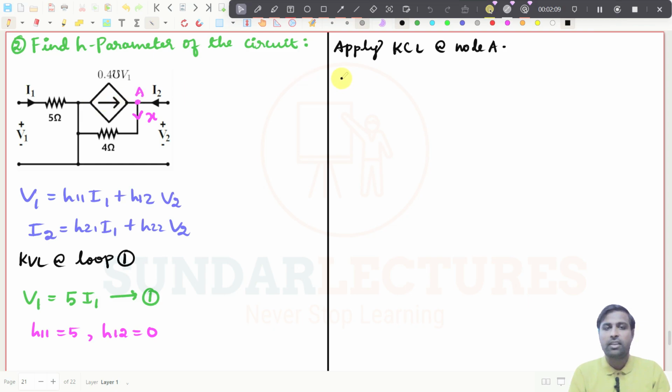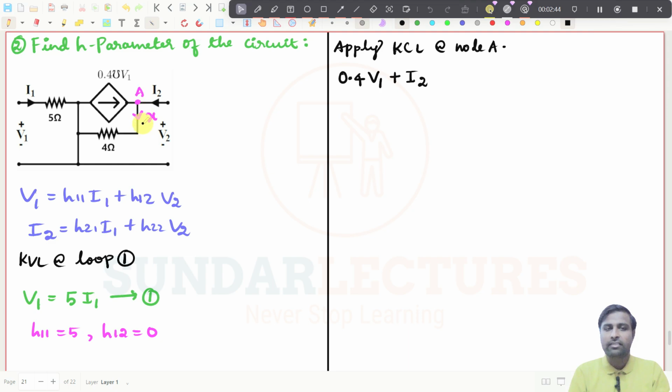This current is coming here, so it will be 0.4 V1. Maybe this is the current source, right? Dependent current source that depends on V1, and we have already seen what is dependent sources and how we need to solve the problems for dependent sources. Everything I have already solved, right? So now this is the current coming in, it is this one, and the I2 is also coming in, so it will be plus I2.